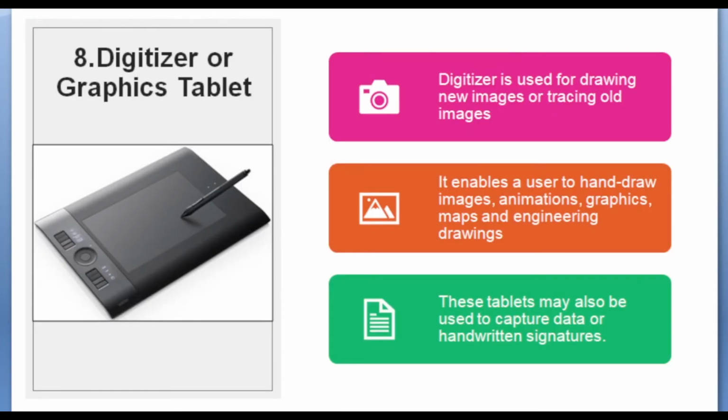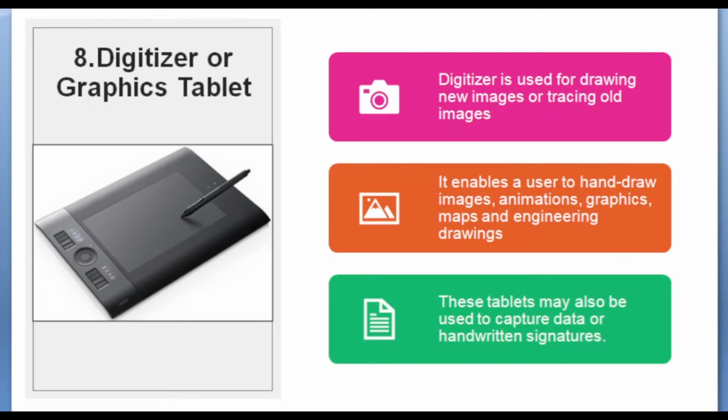Next is digitizer or graphic tablets, and this device enables a user to hand draw images, animations, graphics, maps, and engineering drawings. The tablet consists of a flat rectangular board and an input device, stylus or puck, or sometimes it is called a pen tab. Okay, perhaps you are familiar with this name.